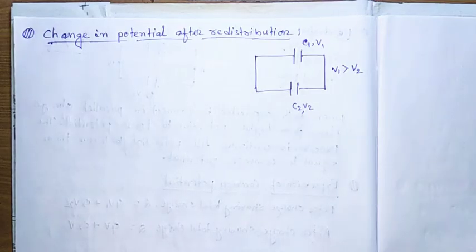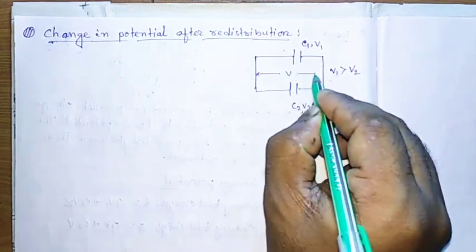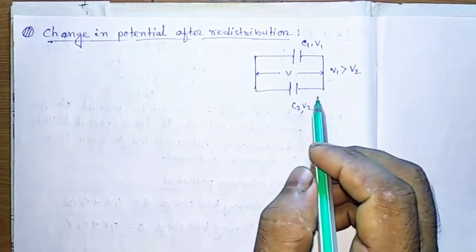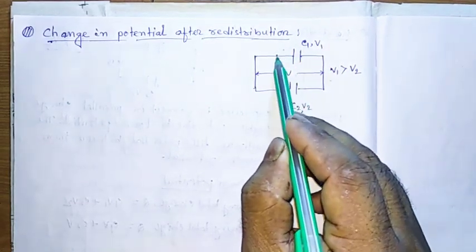Now we discuss the change in potential after redistribution. When we connect two capacitors in parallel, as V1 is greater than V2, charges flow from V1 to V2.